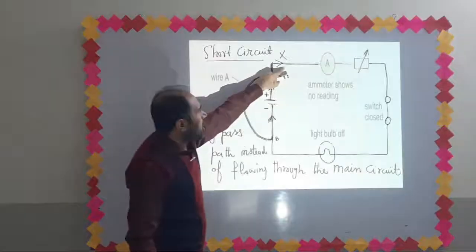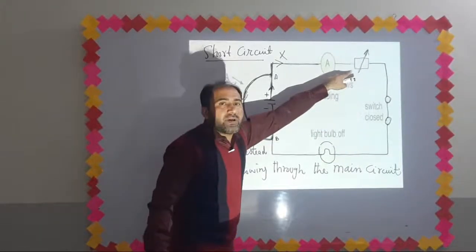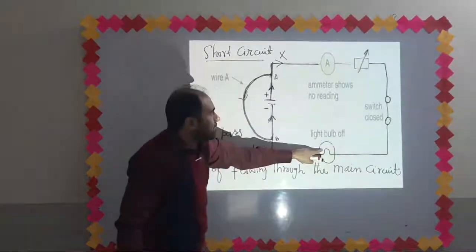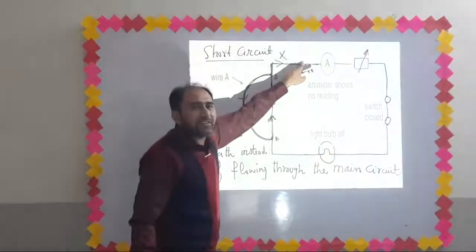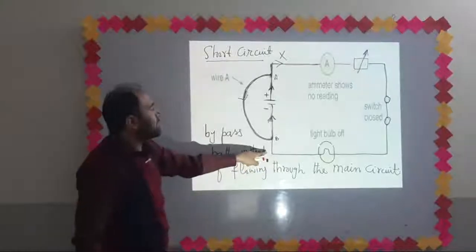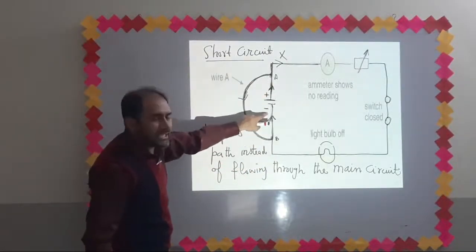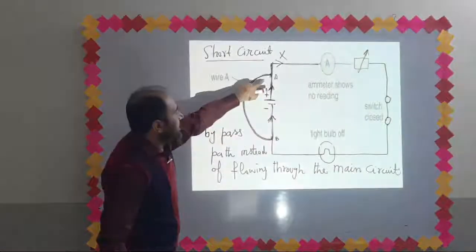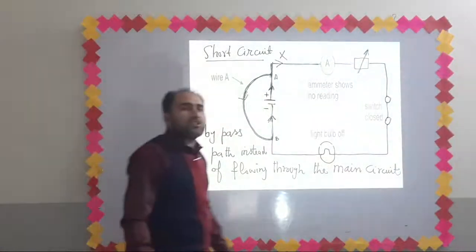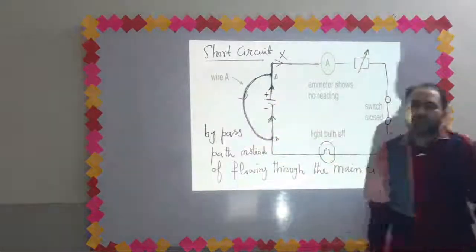If you have a look at this portion of the circuit, it has an ammeter, variable resistor and bulb. Charges will not prefer to pass through this portion. The charges will prefer to pass through that portion of the circuit in which it becomes easy for them to flow. Such a circuit is called a short circuit.